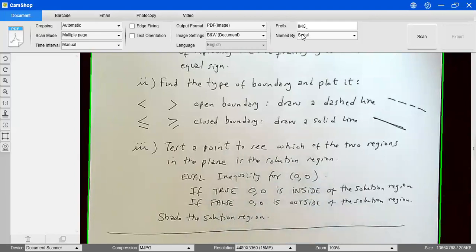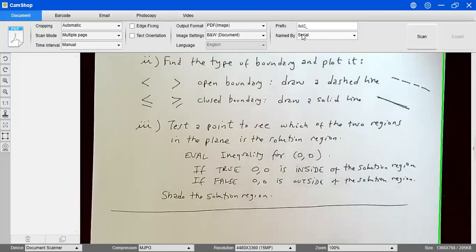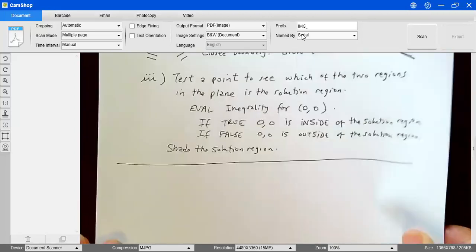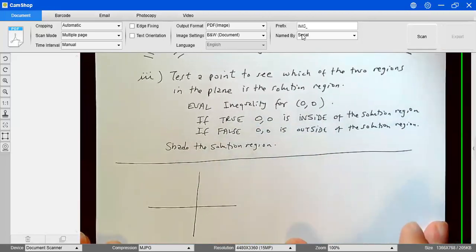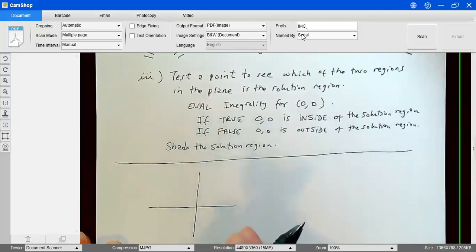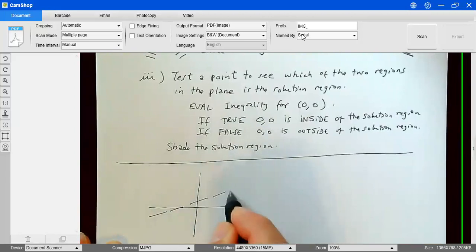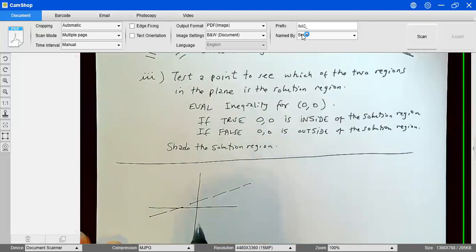So I'm going to work the first example first to test points, because again, when we solve an inequality, we're going to have our plane divided in two parts. Let's say that this is the boundary, then the solution region is either this or this, because the plane is divided in two parts.